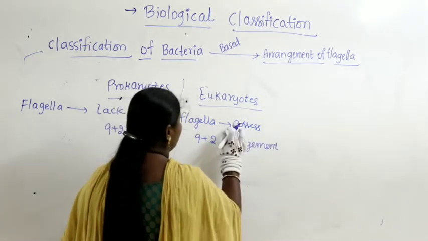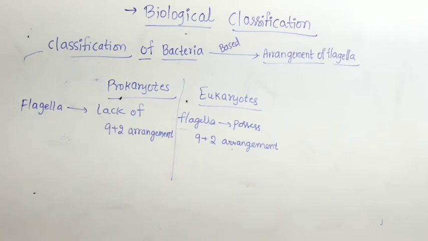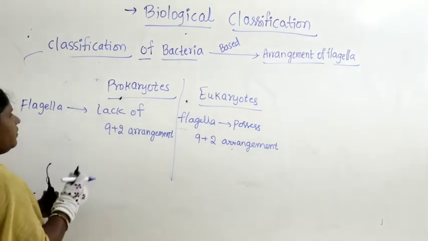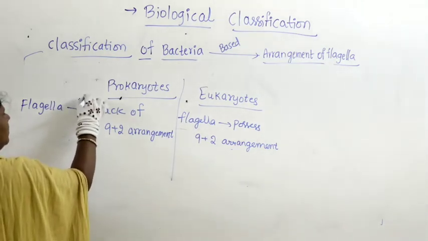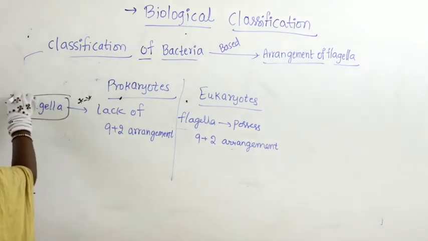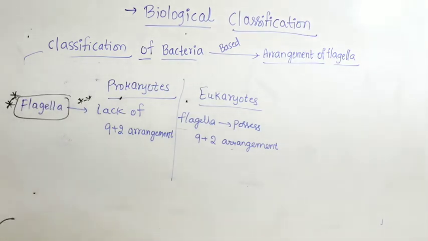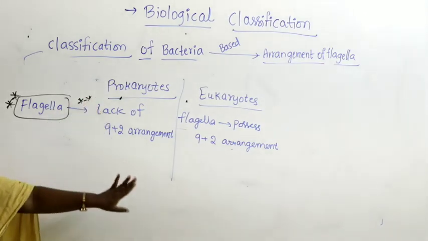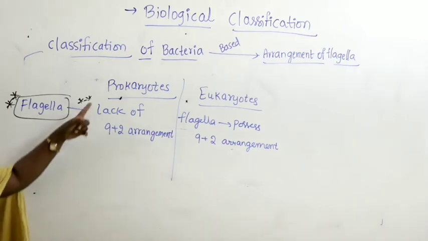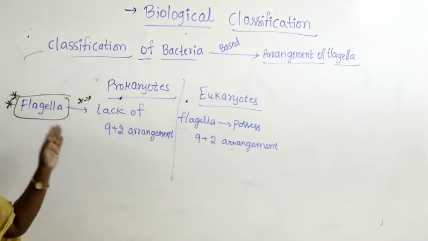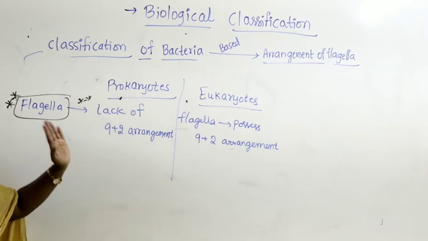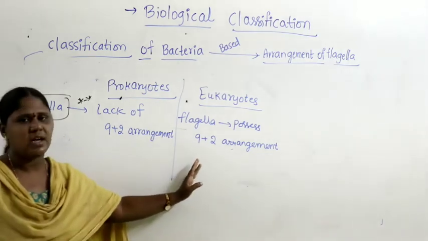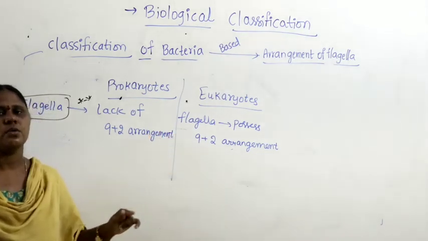You can write contain or possess, you can write anything, no problem. So this is a very important point you have to remember, a difference in terms of flagella. Flagella are present in both prokaryotes as well as eukaryotes, no doubt. But in prokaryotes, the arrangement of flagella is different from the arrangement of flagella that we find in eukaryotes.